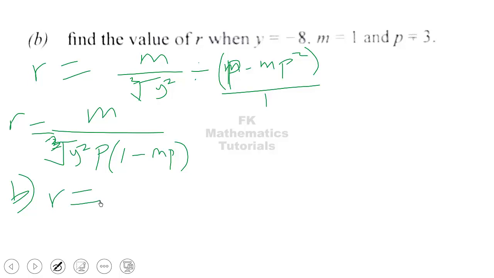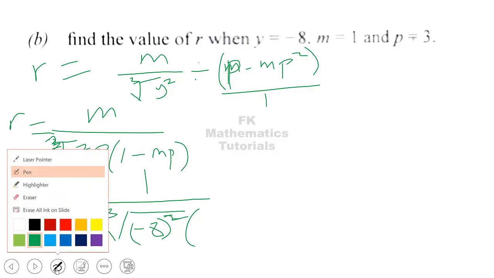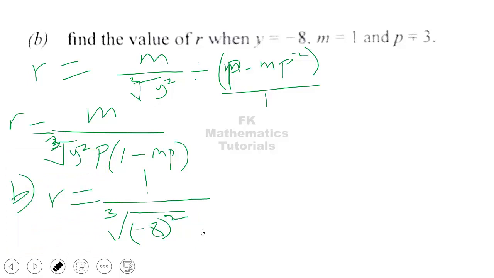R will now be equal to M, which is 1, all over the cube root of negative 8 squared, times P, which is 3, into bracket 1 minus M, which is 1, times 3, times 3.